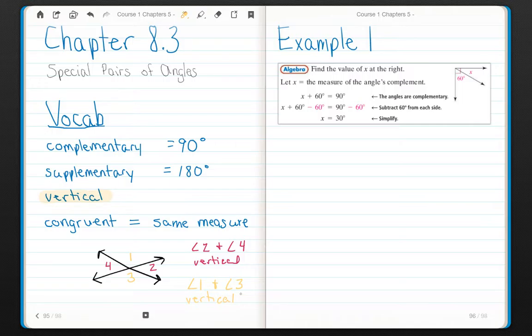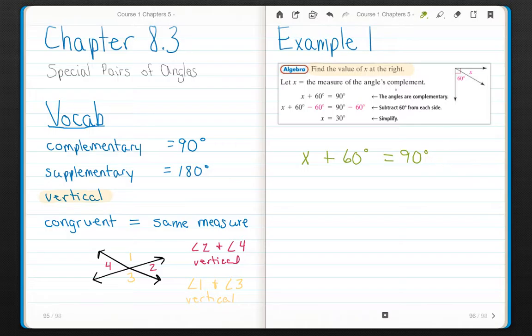Okay, so let's go through the examples. Example 1, find the value of x at the right. So we have x and 60. So measure x plus 60 degrees. Because we are working with angles, you need to always make sure you have the degree symbol. I can see from this symbol right here that this is a right angle, and a right angle equals 90 degrees.